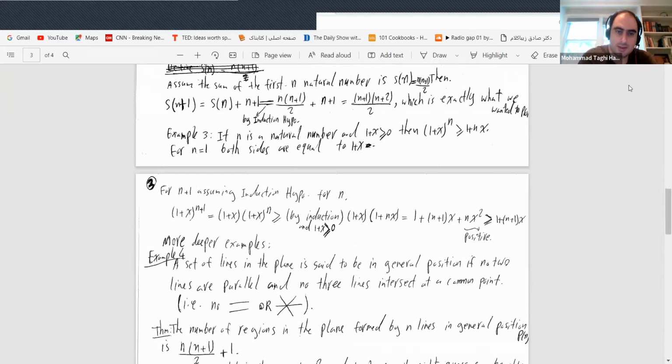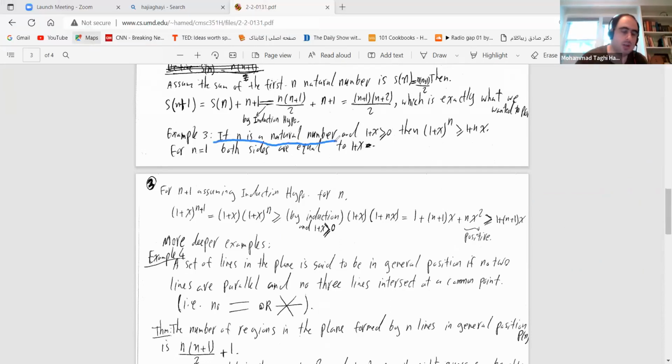It says that if n is a natural number, and natural number generally means greater than or equal to 0, and if we have this assumption, 1 plus x is greater than 0, then 1 plus x to the n is greater than or equal to 1 plus nx.